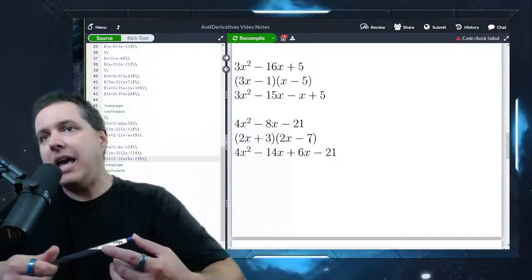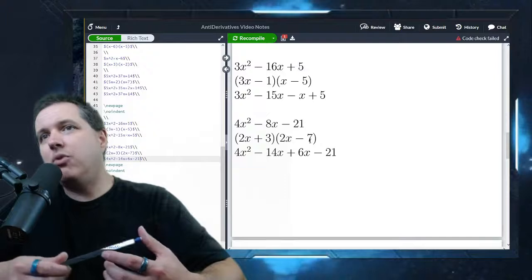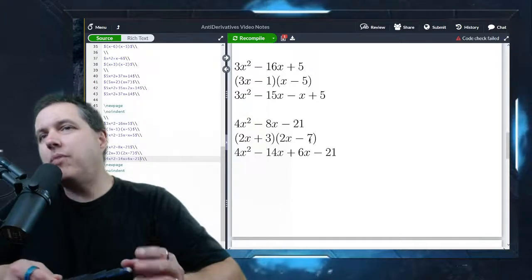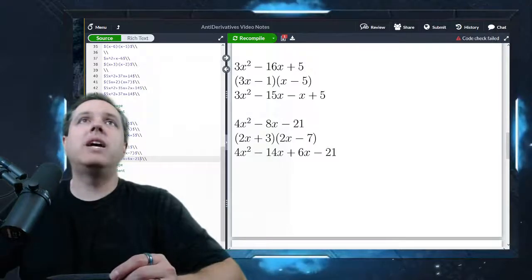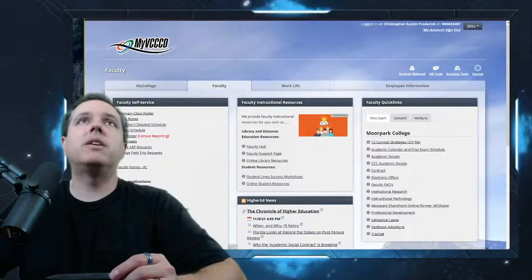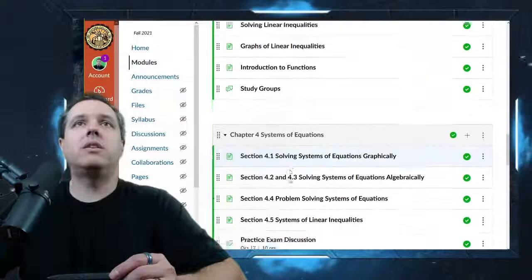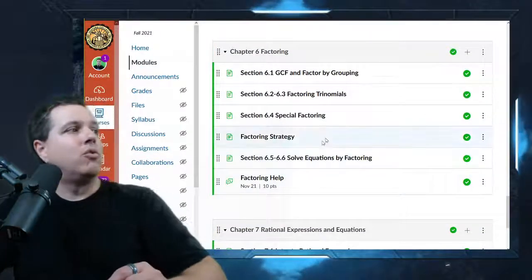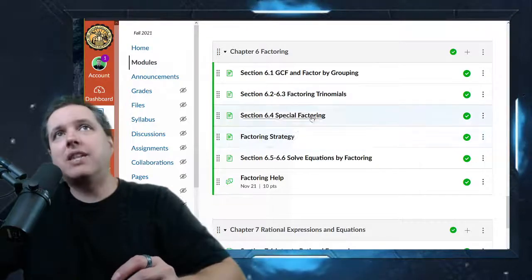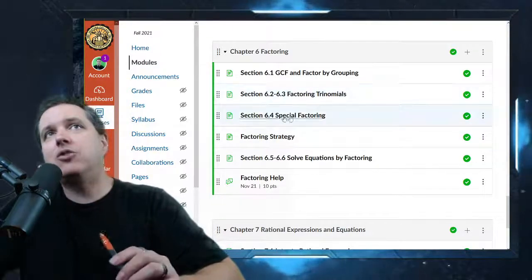Next time we'll move ahead, and we'll probably finish up most of the factoring next time. So we'll probably finish up factoring next time. I'll talk about special factoring, which isn't too much stuff.